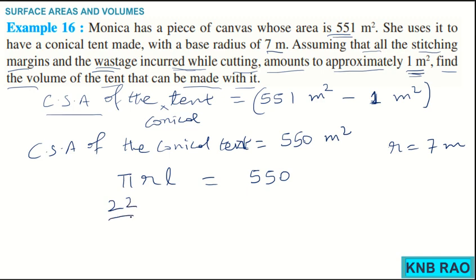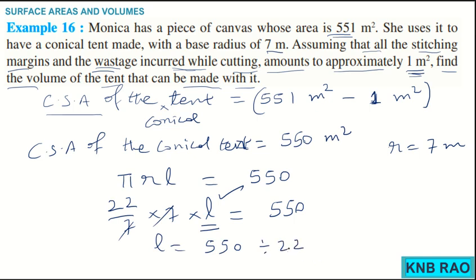Thus 22 by 7 into 7 into L equals 550 meter square. Now when you equate it, you will get the unknown variable L value. So 7 cancels, L equals 550 divided by 22. So 22 elevens are 2, 25 elevens are 275, thus you will get L as 25 meter.